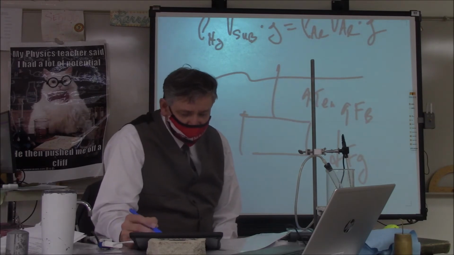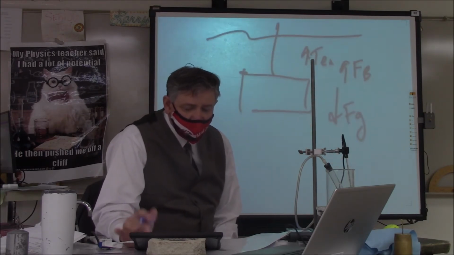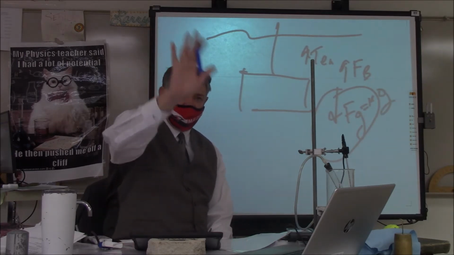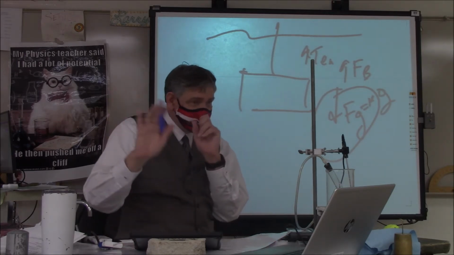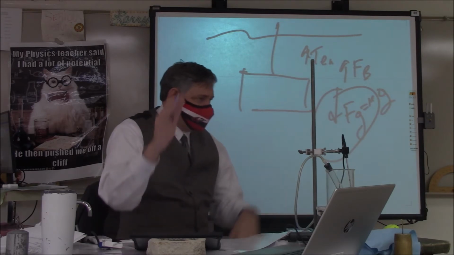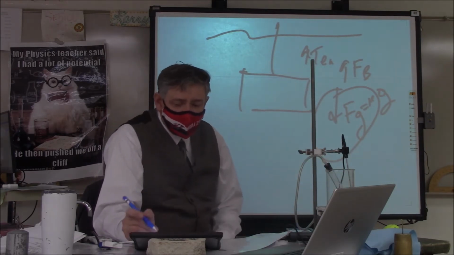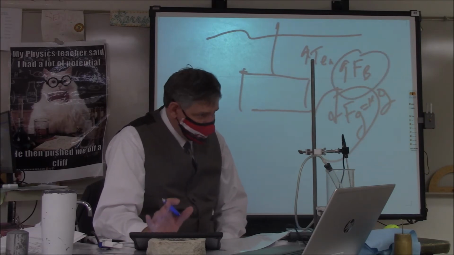So here's the deal. FG is going to be easy, because I gave you the mass of the steel plate, that's 18,000 kilograms, multiply that by G, there's the downward pull of gravity. You've got that number. The tricky part is the buoyant force.